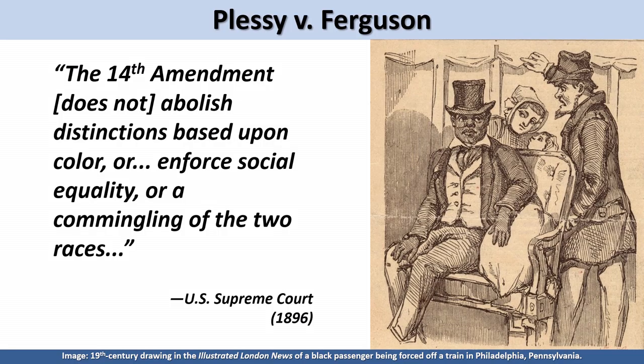Pro-segregationists argued that as long as separate train cars, schools, voting booths, bathrooms, or parks were considered equal in quality, practices of racial discrimination were not in violation of the part of the 14th Amendment that called for the same protections to be given to all U.S. citizens. In the case of Plessy versus Ferguson, the Supreme Court agreed with the argument that segregation was not unconstitutional as long as facilities were supposedly equal.